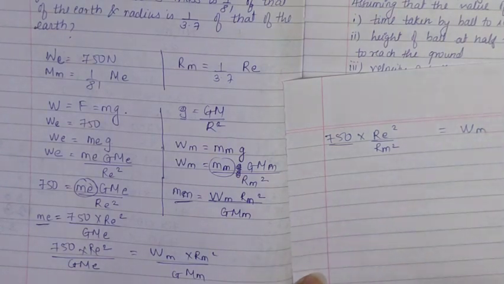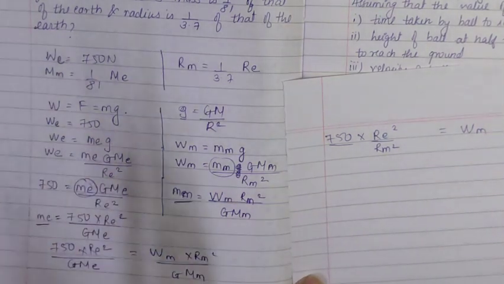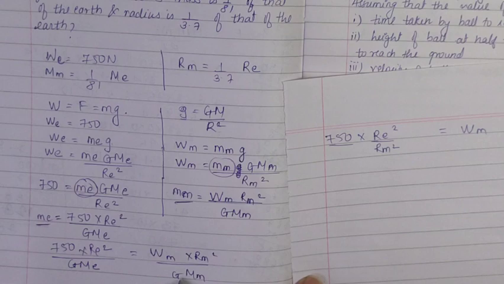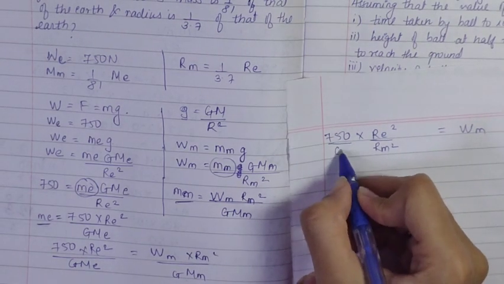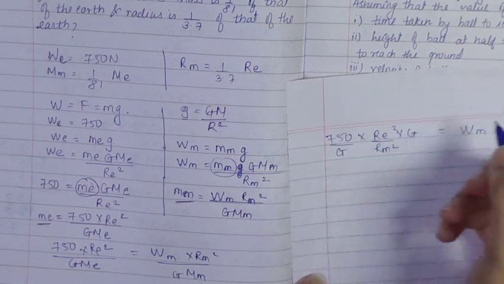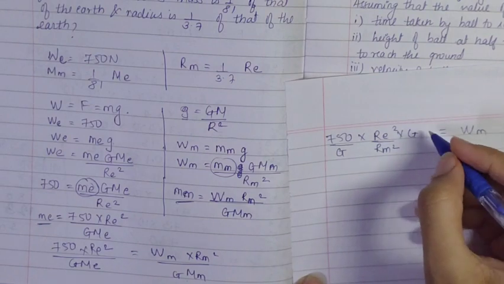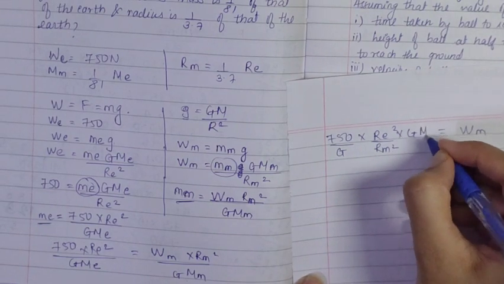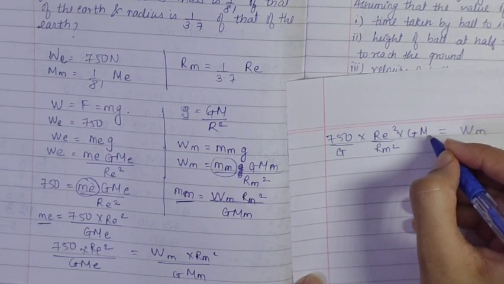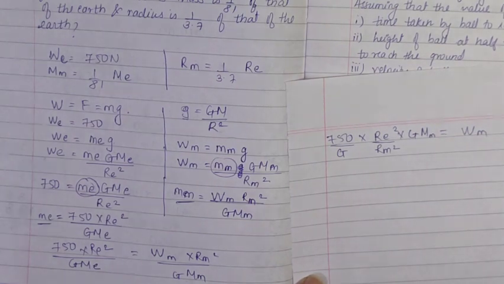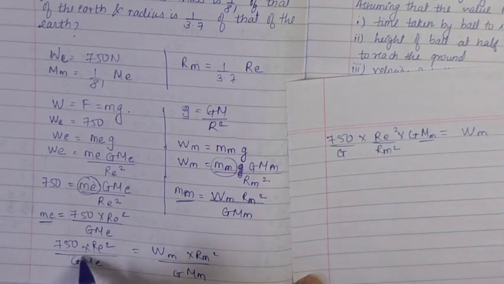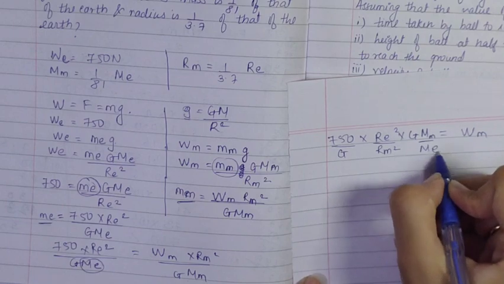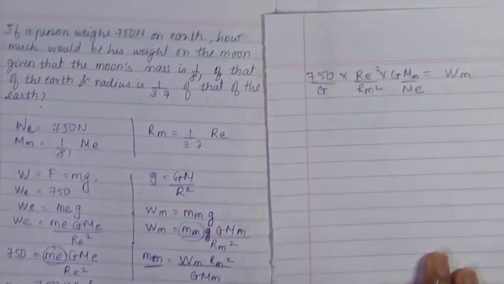So I'll keep this on this side only. Other things I'll all bring on the left hand side. What is remaining now? G. So I bring my G here and also my mass M M here. Also I have my M E present here. Fine, this is what I've got.